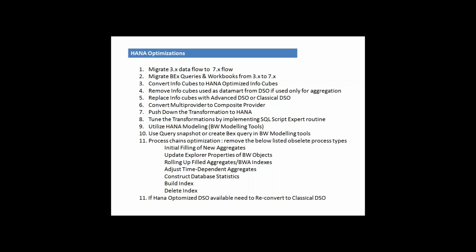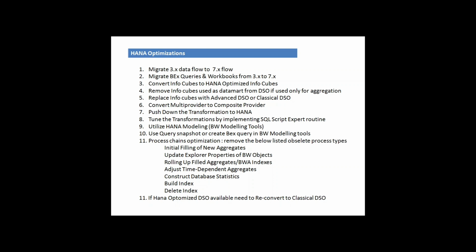And then convert cubes to unoptimized cubes and remove cubes if they are used as a data mart for DSO, or used only for aggregation. I told you, you'll be eliminating cubes at the top if they're used only for aggregation. If you have to use cubes, you can replace InfoCubes with advanced DSO. You know about advanced DSO like cube?